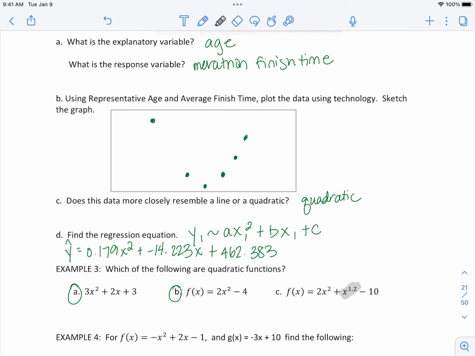And remember, quadratic functions are where it looks like ax squared plus bx plus c. And so we can't have the 1.2 as the exponent, so C is not the quadratic function.